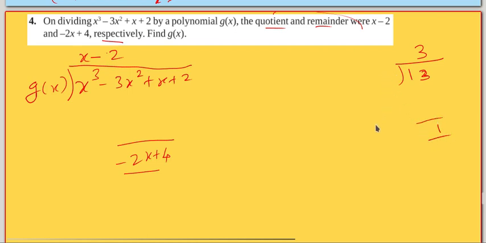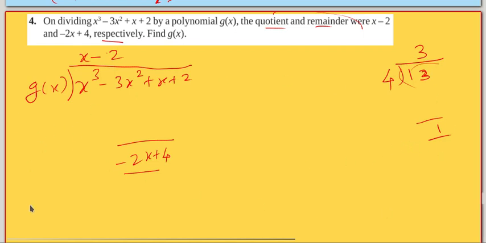In the table of 4, how many times will 13 come? 3 fours are 12, so the remainder is 1, so the divisor must be 4. If you multiply these two and add 1, we get 13. So 4 threes are 12 plus 1 becomes 13. This is the way of checking the division.